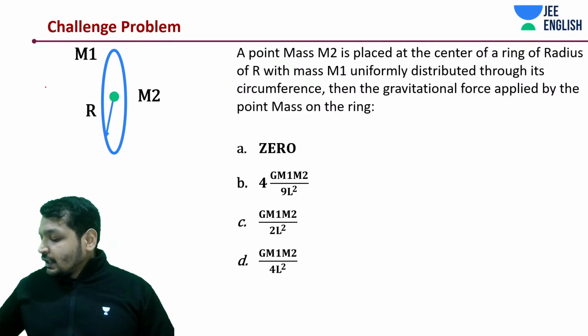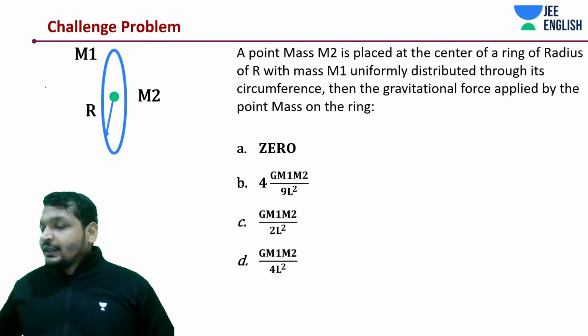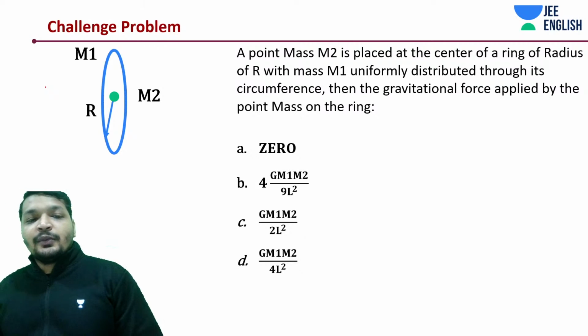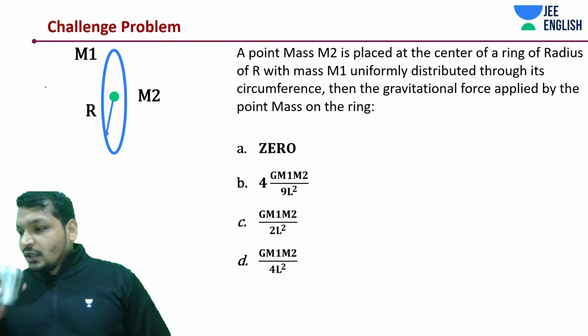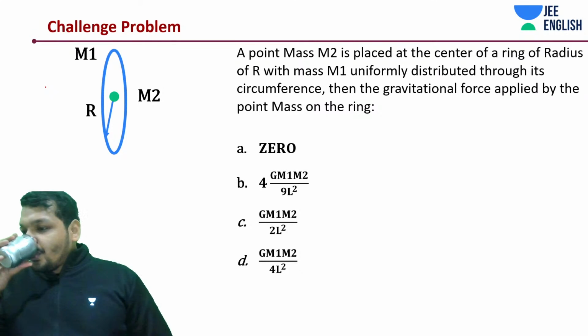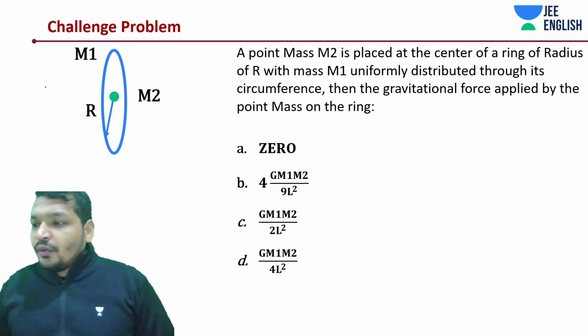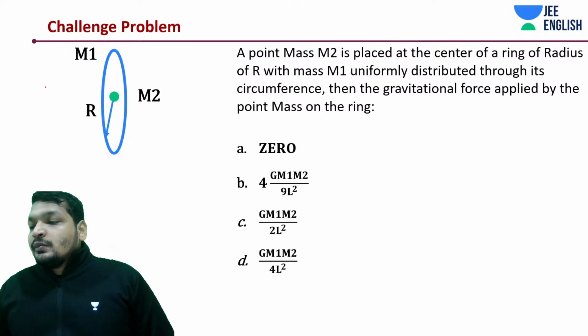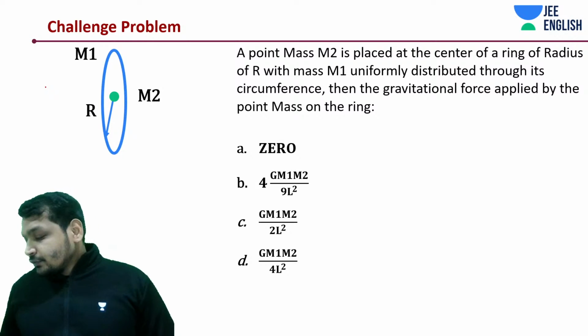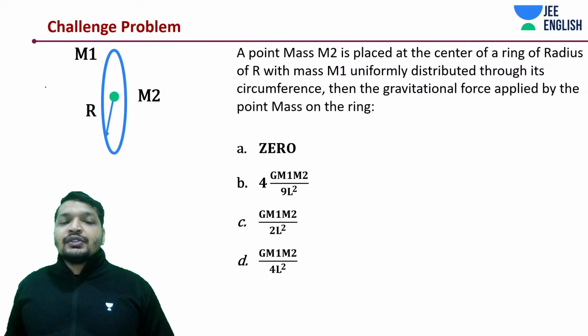It's in the middle of the ring. It can be a question on the axis of the ring. So should we dive into this question? There are no reasons not to.